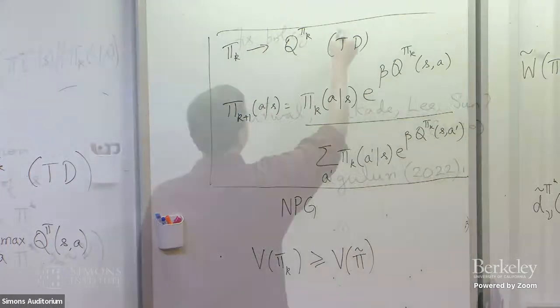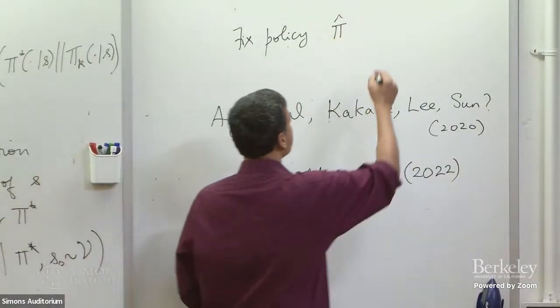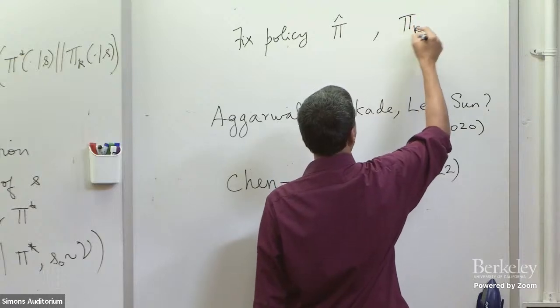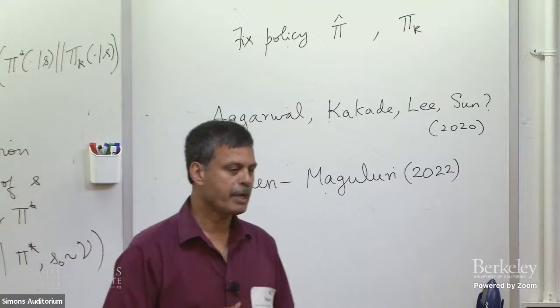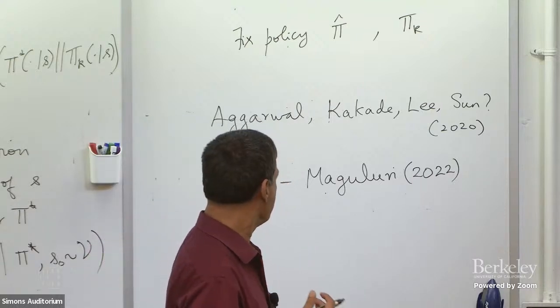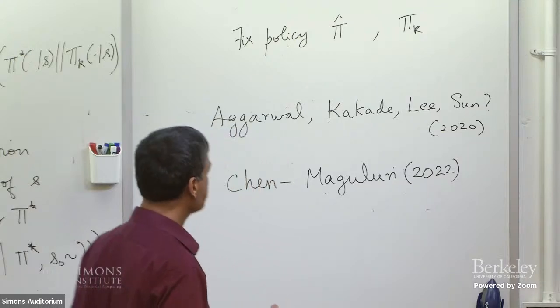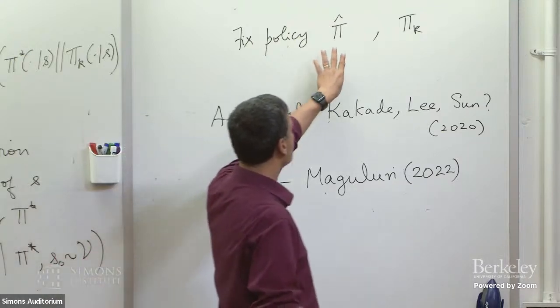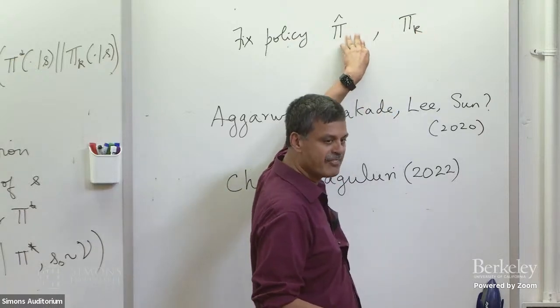Running out of symbols, let me call it pi hat. They evaluate any other policy pi k using this fixed policy. What does this mean? You have to multiply by some sort of importance sampling ratio to convert from the performance of this policy to the performance of that policy, and that adds additional variance.